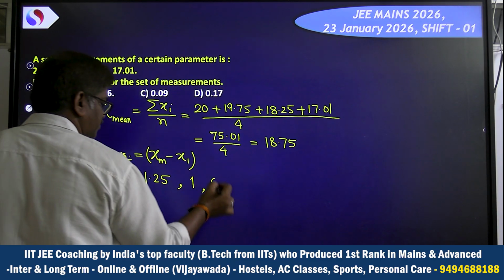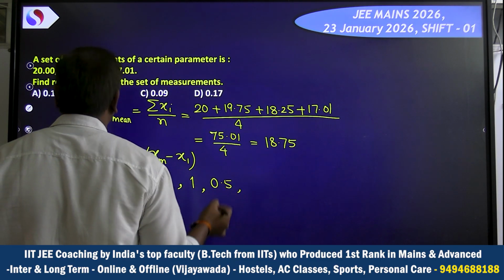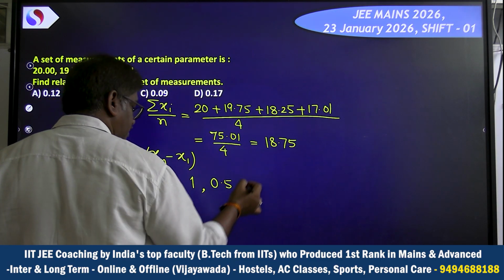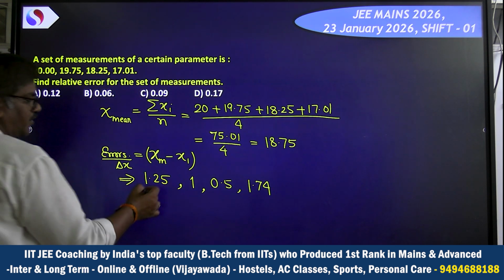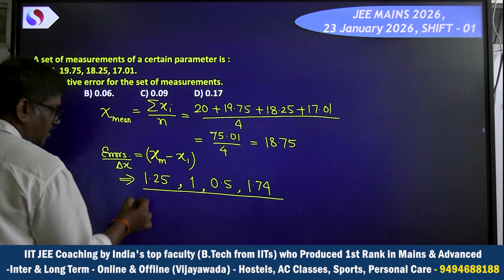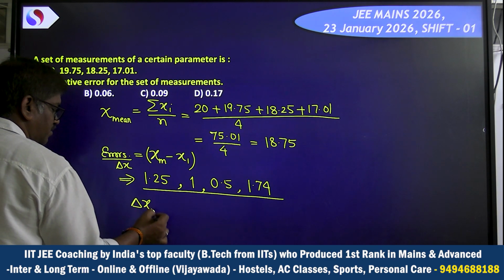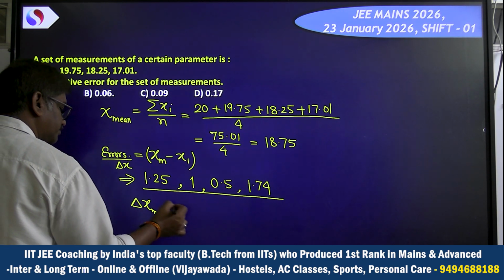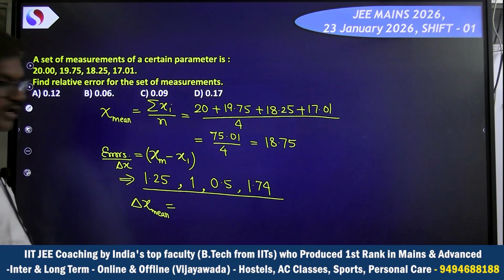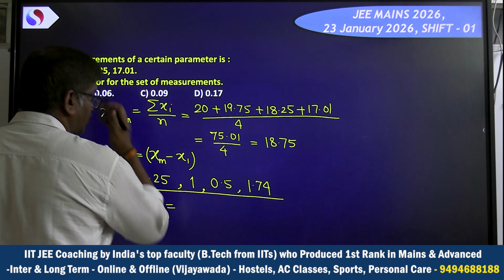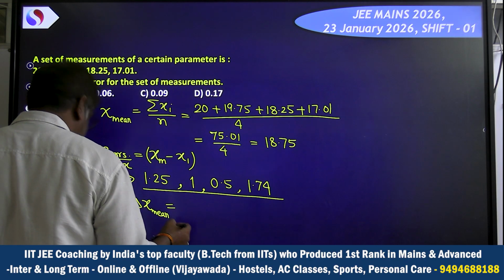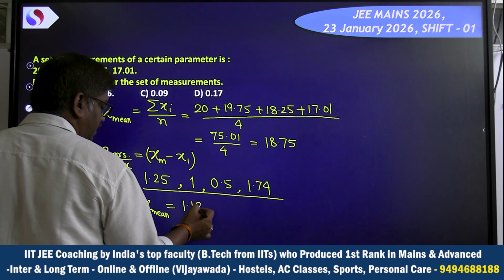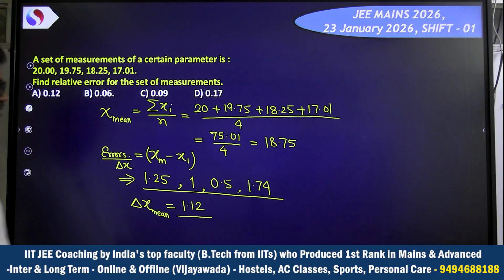The third one gives you 0.5. And the fourth one gives you 1.74. So these are your errors for the corresponding 4 sets. Now, the mean absolute error will be the sum of these divided by 4, which comes out as 1.12.